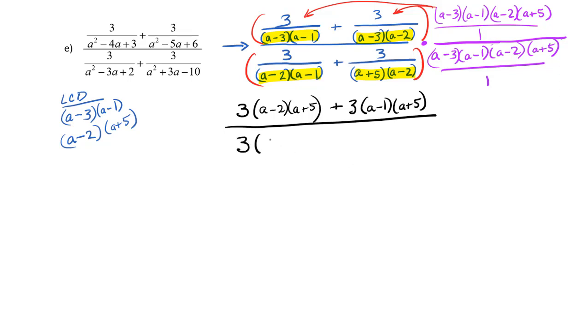We'll have a minus 2 and a minus 1 divide out, and a minus 3 will stay, and a plus 5 will stay, plus 3 times a plus 5 will divide out, and a minus 2 will divide out, and we'll have a minus 3 left and a minus 1 left.